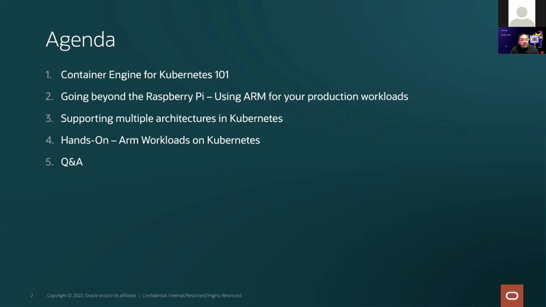And what happens if things go bad? How do I roll back? That kind of thing, right? We'll also have some time for Q&A later on, where we can cover specific things about the ARM chips that we offer, specific things about our Kubernetes engine support for it, and so on and so forth.